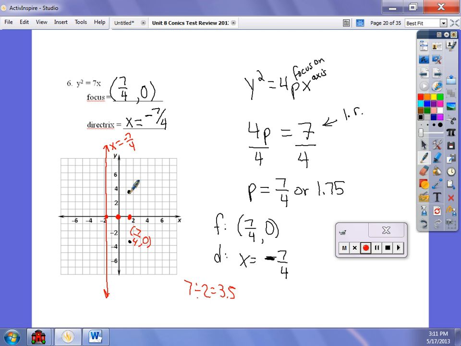So if the focus is here, I go up and down. If the focus was on the y-axis, I would look left and right. So now I'm just going to connect the vertex to my latus rectum points, and I am done.